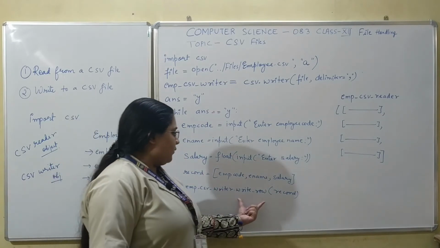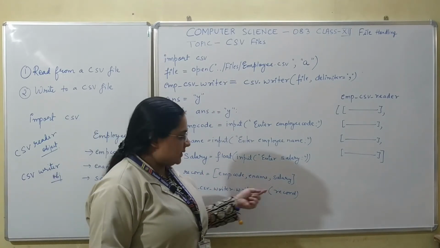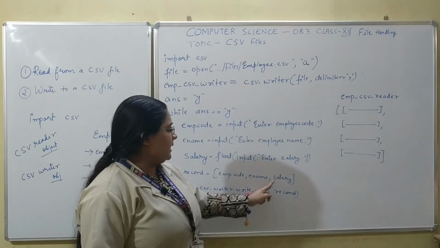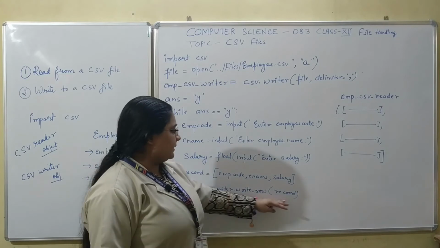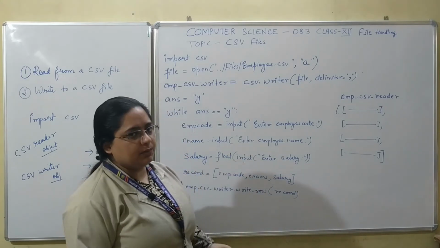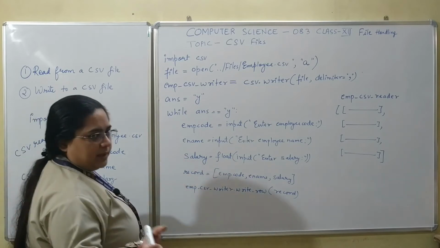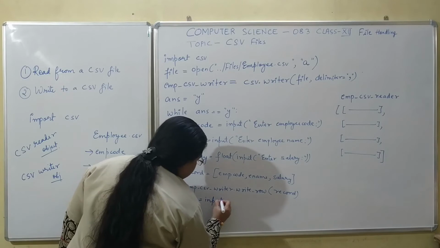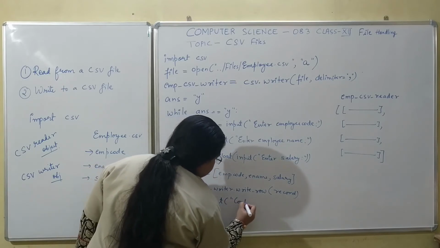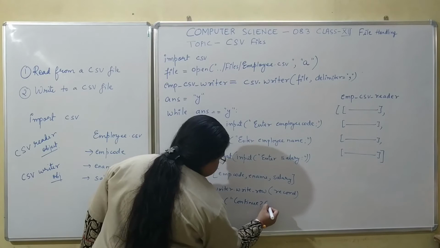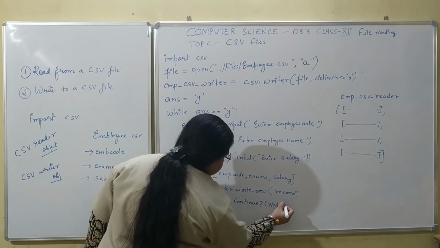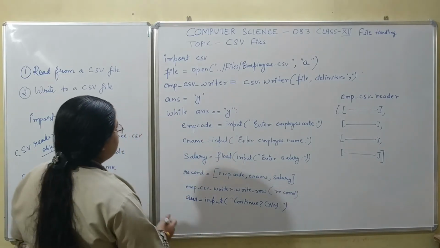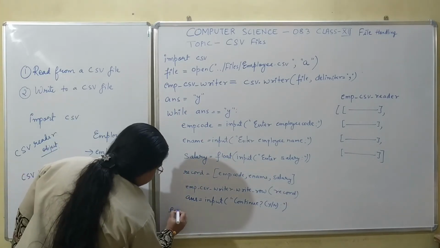This writerow function will write one row which is in the form of a list, providing the comma delimiter after each of the field values, and at the end it automatically adds a new line character also, so you don't have to worry about that. ans equals input, continue. If the user says yes, then this work will continue, and finally we will be closing the file.